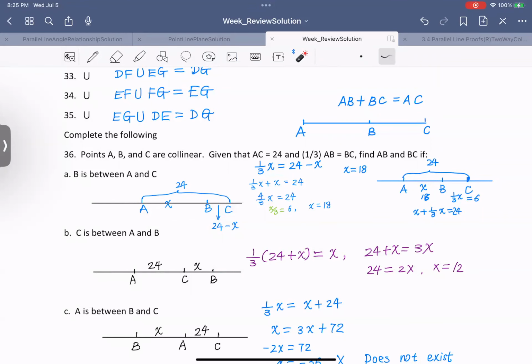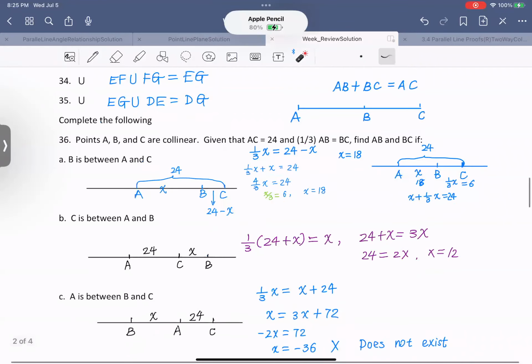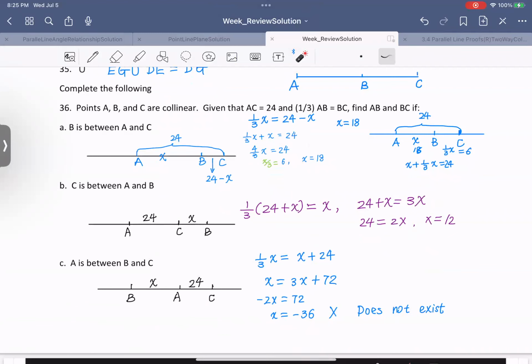And then you can also draw the graph for scenario C. You will see A is between. So you put B and C, but between them is A. And then you don't know how much is here. You call this X. And here AC is 24, so you mark here as 24. 1/3 AB, and AB is X, so 1/3 X equals BC.